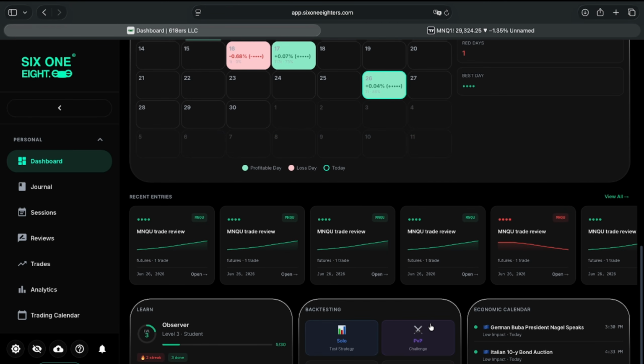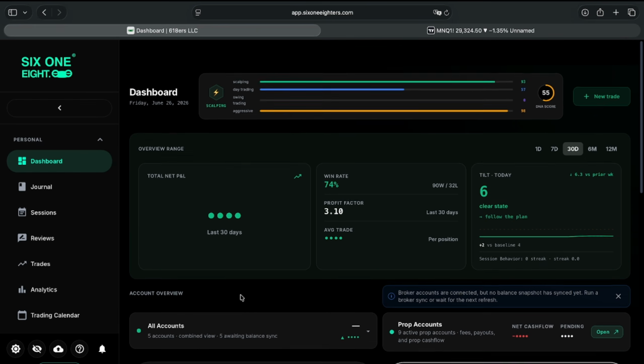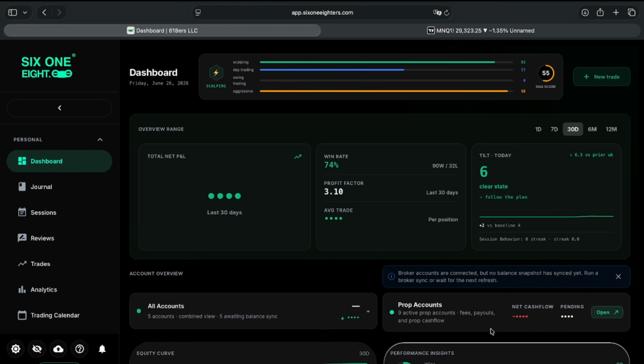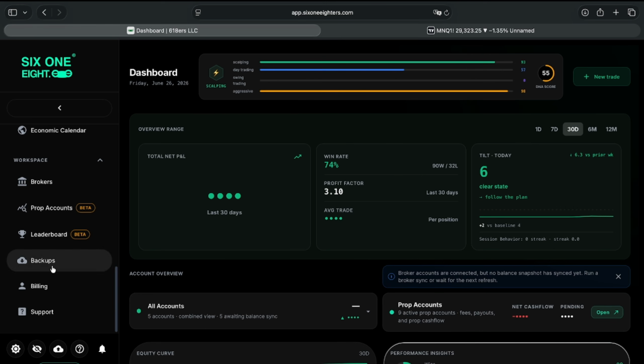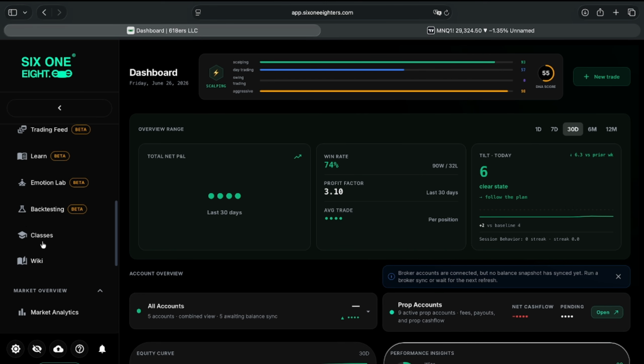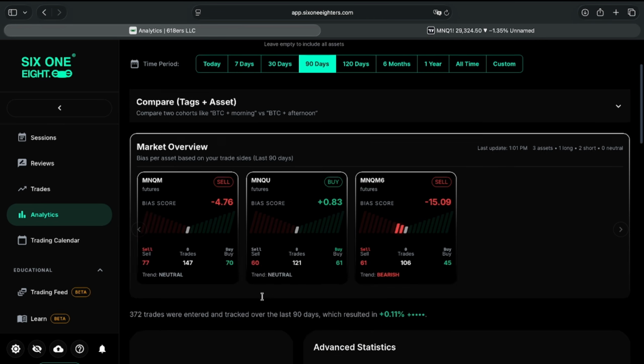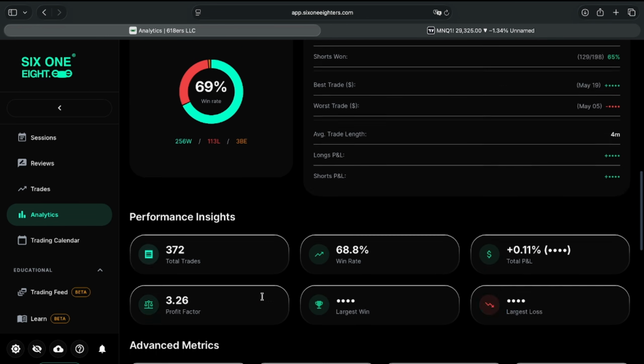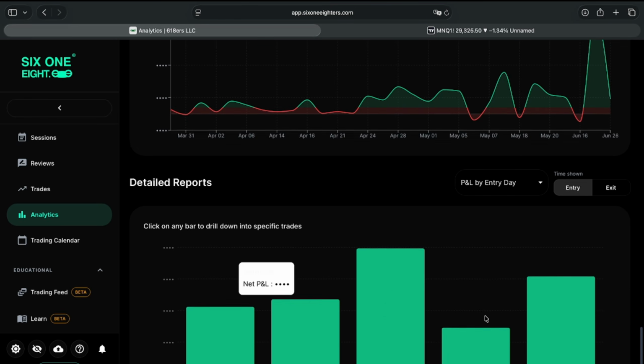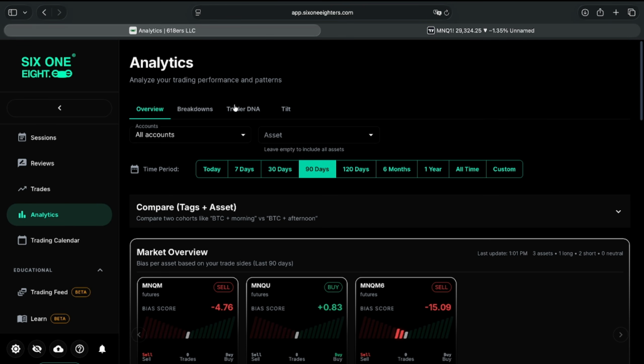So overall, very happy. And I hope you could learn something from this journaling thing. Afterwards, I forgot to show you, here you can see your overall data, your win rate and so on for the last 90 days, for example.